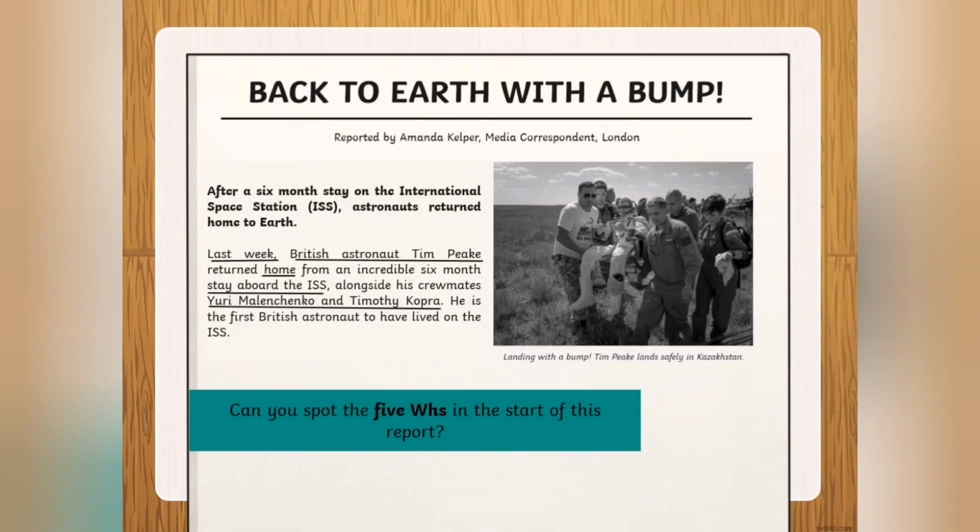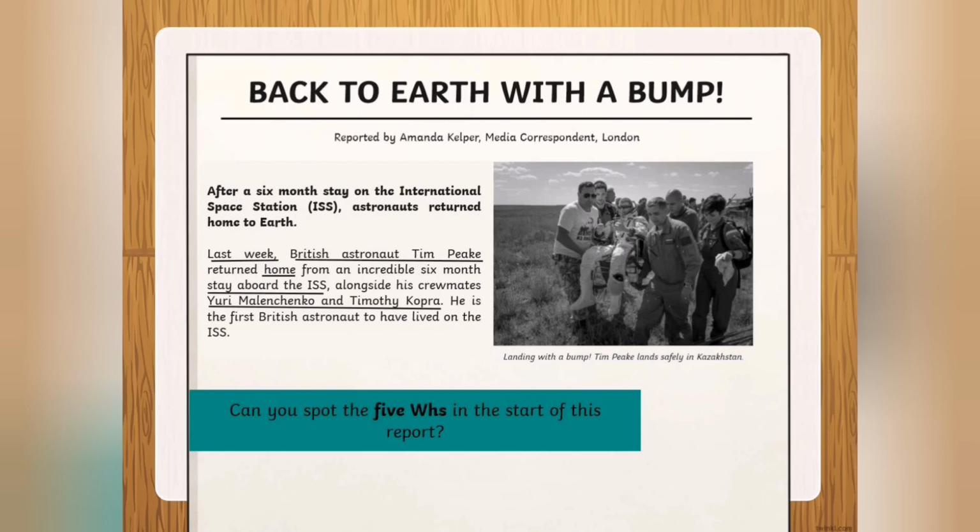So last week is an answer for when. The British astronaut Tim Peake is an answer for who. Home is an answer for where. Again, stay abroad the International Space Station is an answer to where. And then, these two names are answers to who. Tim Peake was with who.